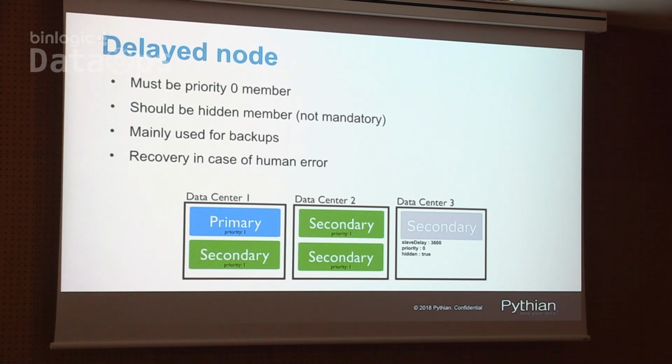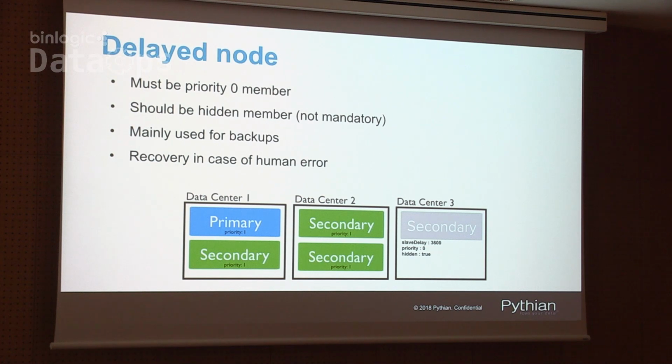Delayed node, similarly to hidden nodes and priority 0 nodes, it's always a secondary node. This node must be priority 0 because it has a delay in the replication. So there is a configuration option where you can just say, delay this node by 1 hour, and by doing that, you will have a previous copy of your database.